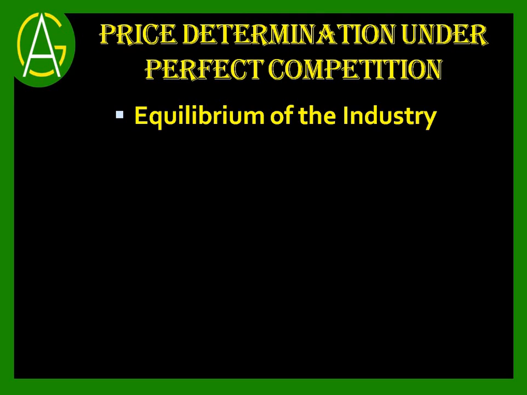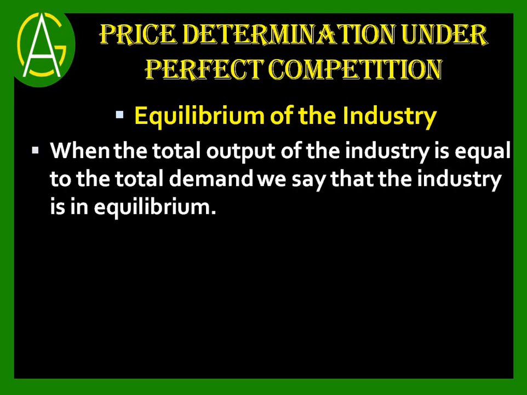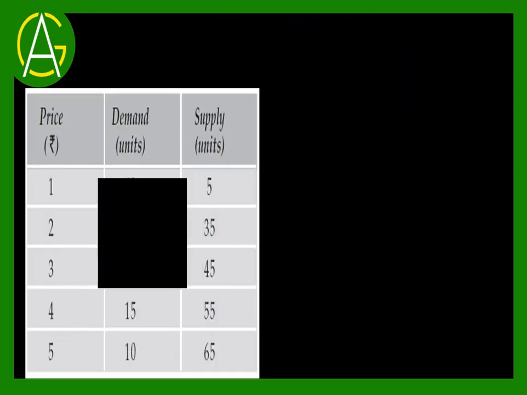So how are prices determined in the industry? We need to understand the equilibrium of the industry. Friends, it is very simple. The equilibrium point of the industry is where the total demand and total supply become equal. It means that the intersection point of the demand curve and supply curve will be the equilibrium of the industry.